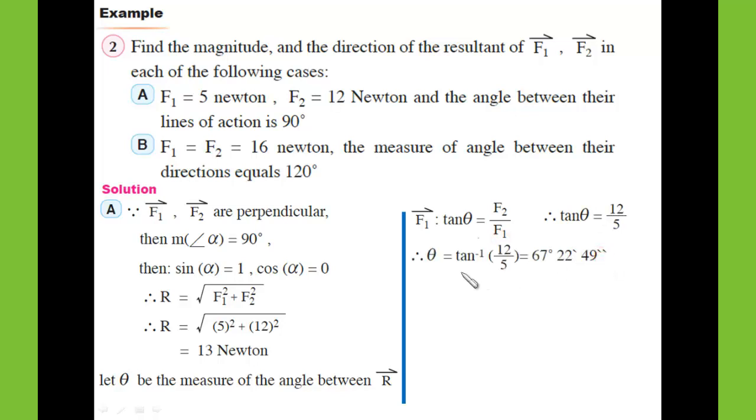Then theta equals tan minus 1 of 12 over 5. You can write it on your calculator. You get theta equals 67 degrees, 22 minutes, 49 seconds. And the inclination angle of R with the first force F1 equals 67 degrees, 22 minutes, 49 seconds.